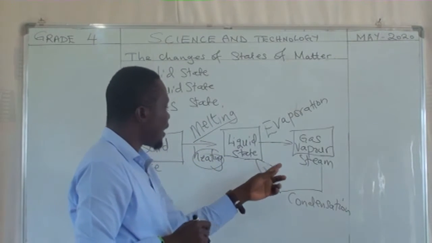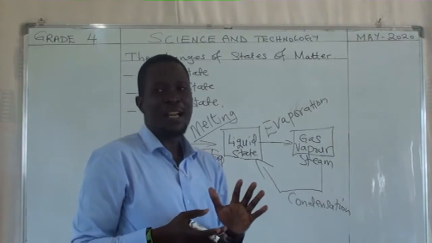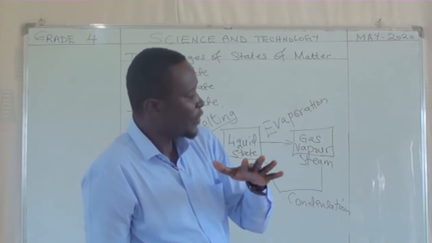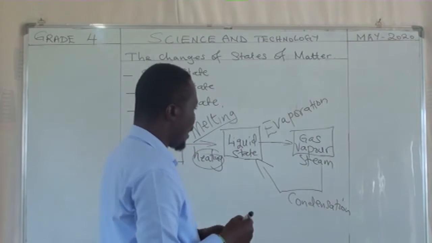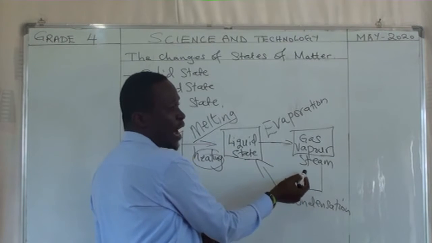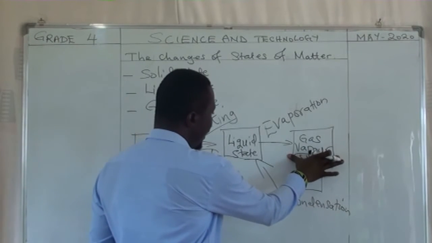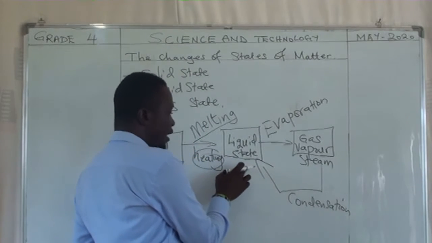Your hand was acting as a condenser. It was cooling the vapor, making it condense. This means there is a decrease in temperature. So the gaseous state, which is the steam or vapor, will change back into liquid water.